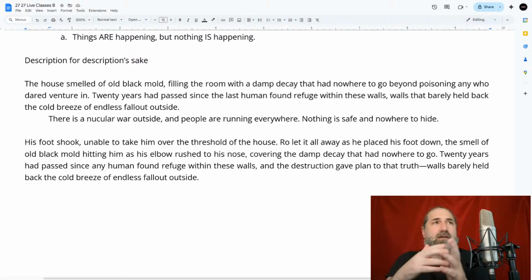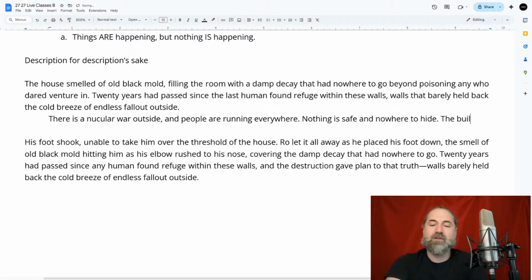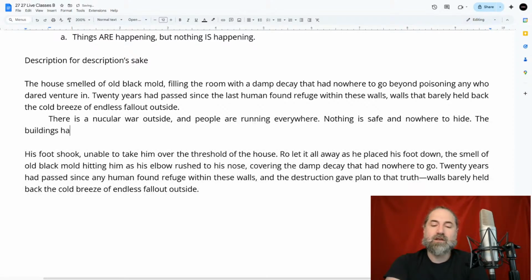So let's say, Ro, you were saying you have to describe because it's a movie. So let's say I just described that, right? Nothing is safe and nowhere to hide. The buildings had crumbled into piles of dark gray and soot.